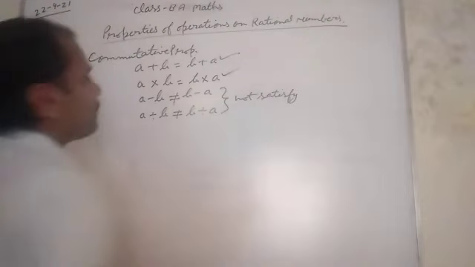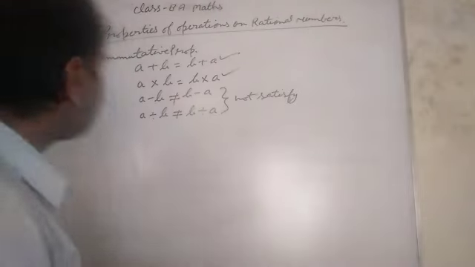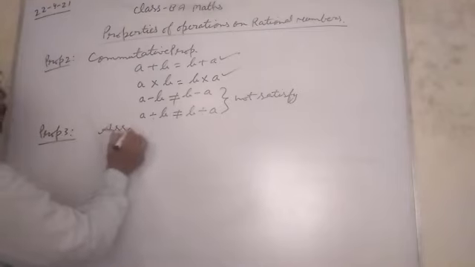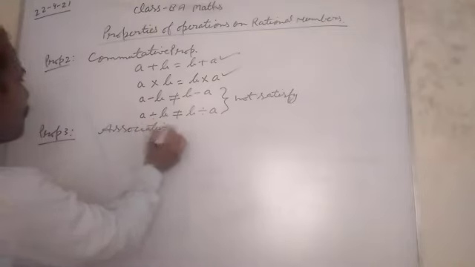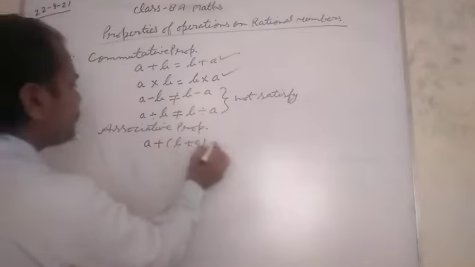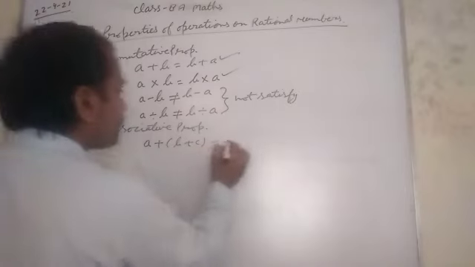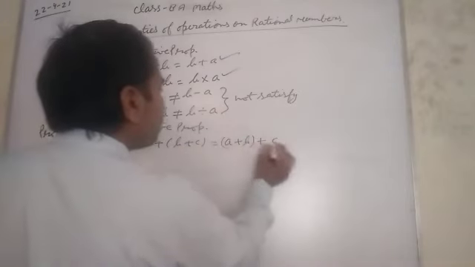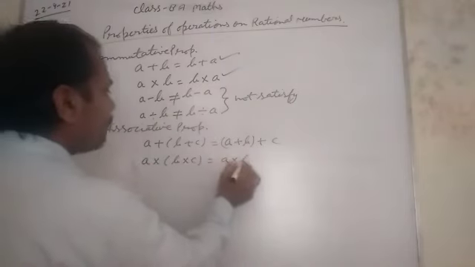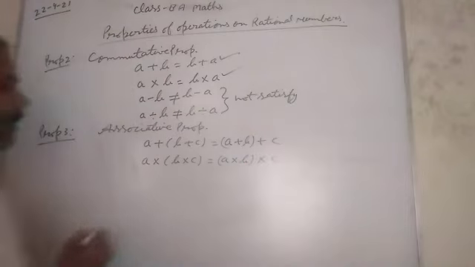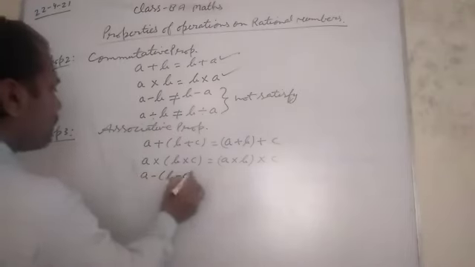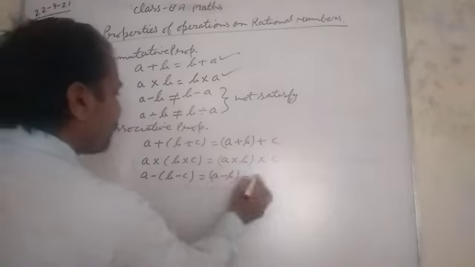But addition and multiplication are commutative. Next, associative: three numbers in place of two numbers, like A, B and C. So A plus (B plus C) is equal to (A plus B) plus C. And for multiplication, A into (B into C) is equal to (A into B) into C. So addition and multiplication are associative, but subtraction and division will not satisfy it.